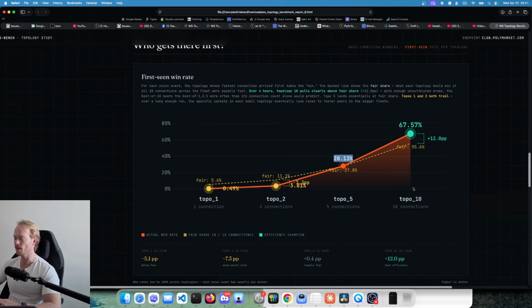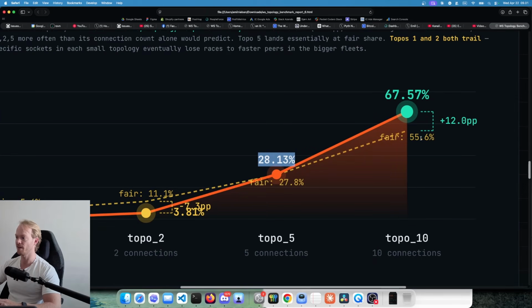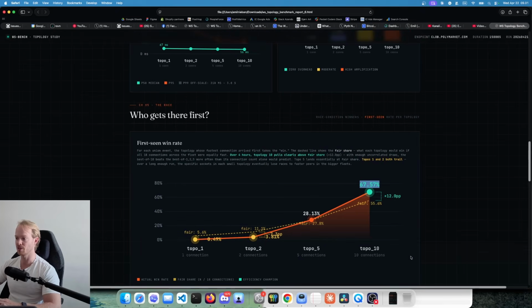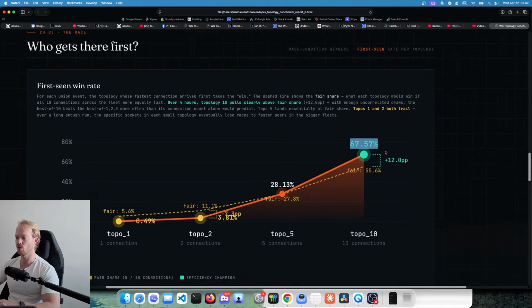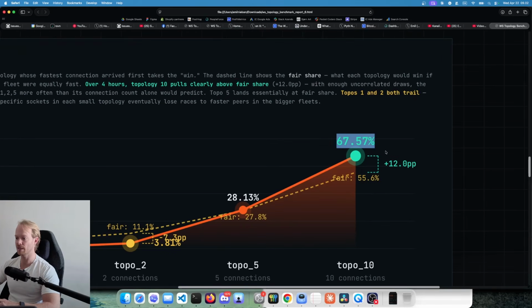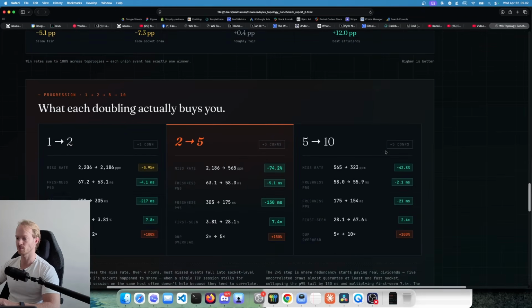And then here at the end, if we have 10 connections, the fair share would be 55%, but actually 76.57% of the time, this topology of 10 connections would see the event first. So it clearly shows that more connections is better. Okay, so if you are worried about latency, it does make sense to increase the amount of connections.